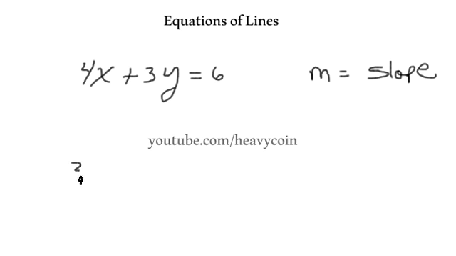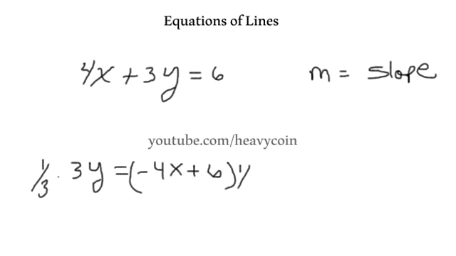So that means I'm going to take this 4x over to the other side, and I'm going to multiply both sides by 1/3. And so we're going to be left with negative 4/3 x plus 2.